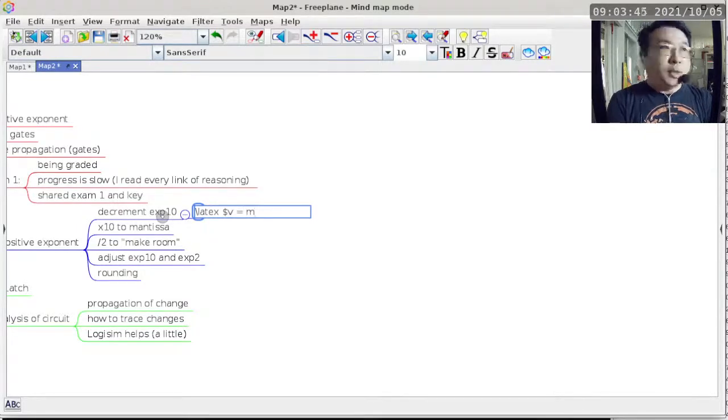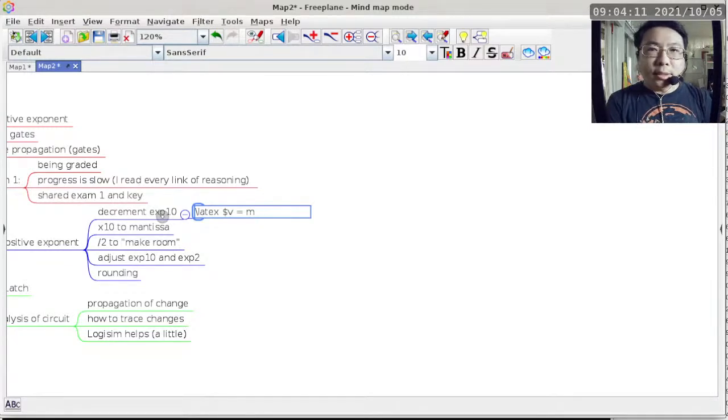I'm using M to represent the mantissa here, and it's not strictly the mantissa, because the mantissa has to be normalized, which means it has to be a value greater than or equal to 1 but less than whatever base we choose to use. So the mantissa I refer to in this context is merely a quantity that we multiply with the other two quantities that we'll be talking about.